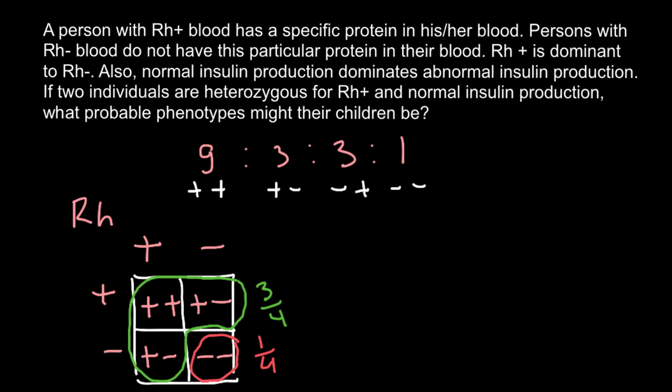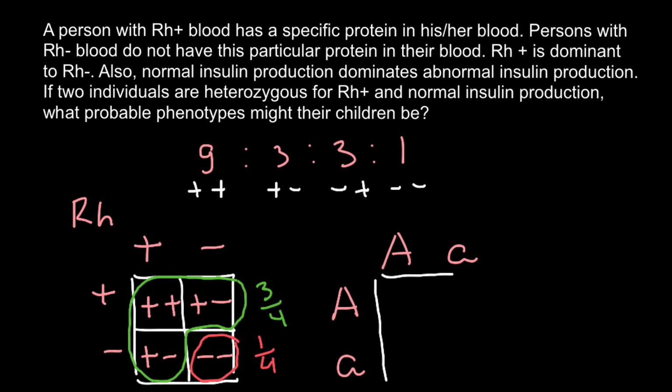As for insulin production, we also know that both parents are heterozygous for this factor. So we can say that one allele is dominant and the other is recessive in both parents. I could also use positive and negative signs, but I don't want you to mix up these two different genes that code for two different traits.